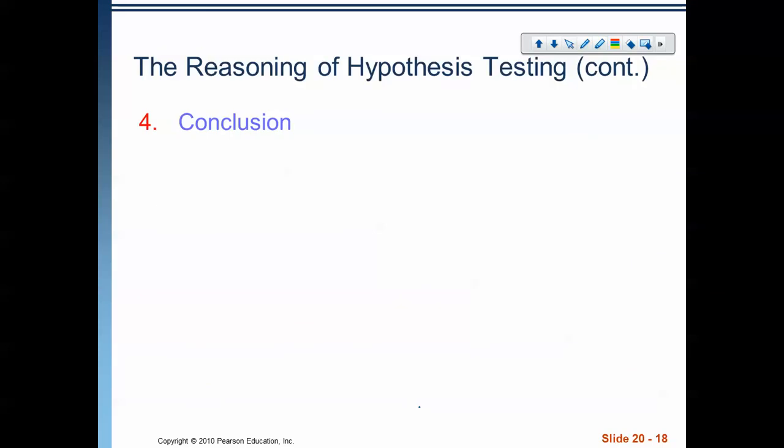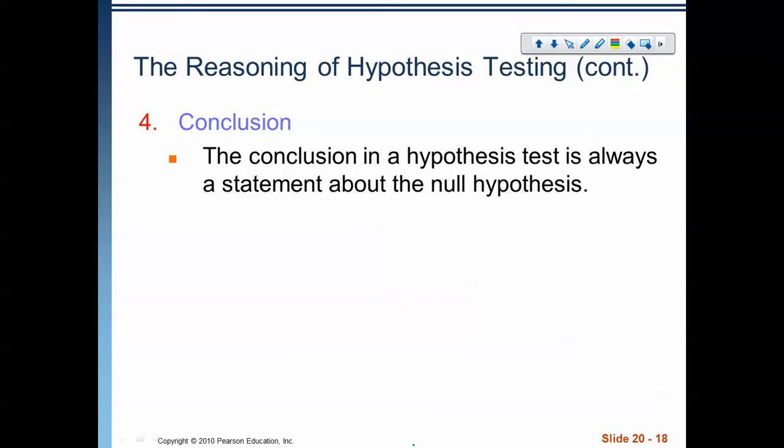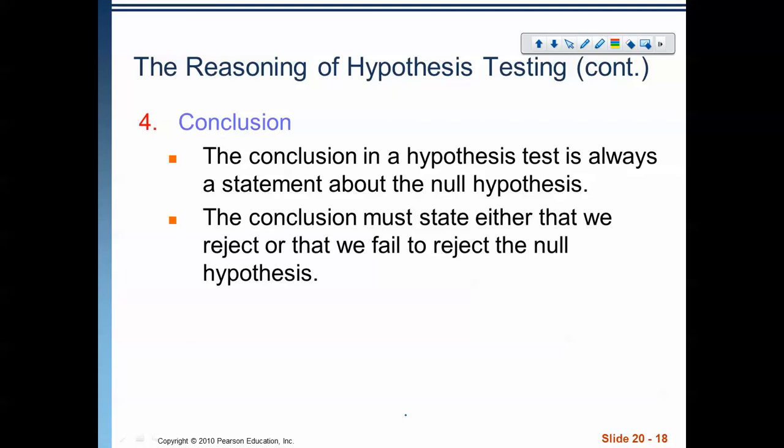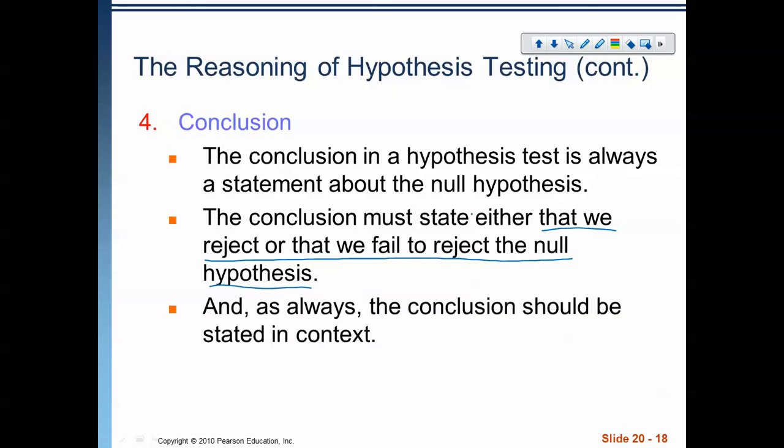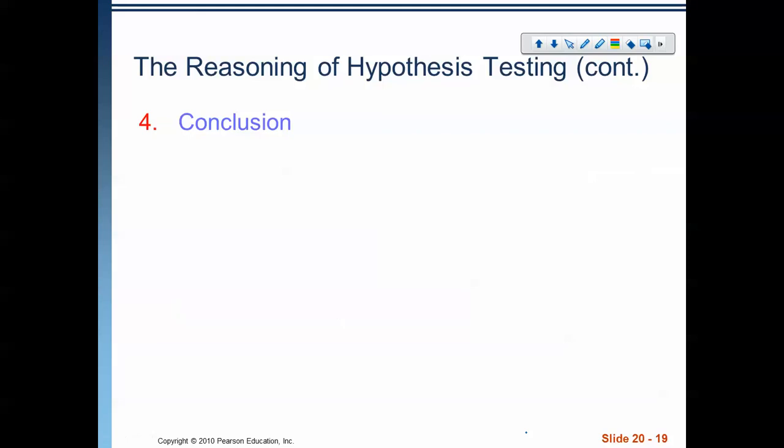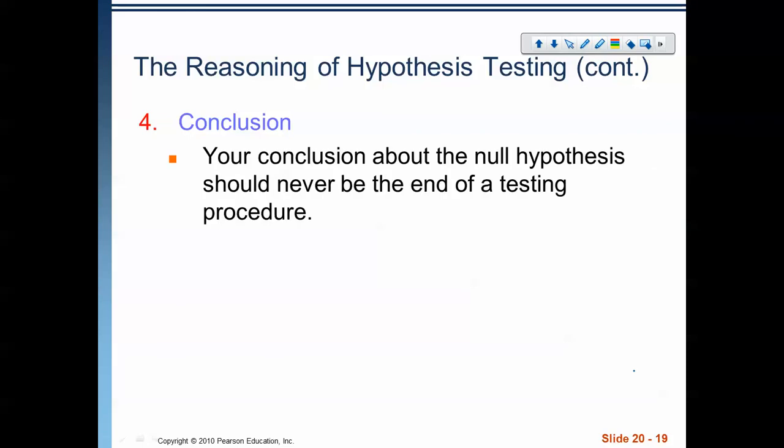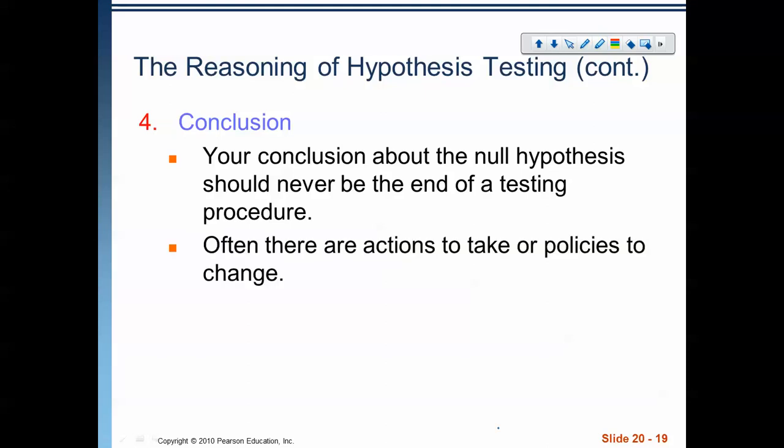For now, let's finish up the last step, and that's writing a conclusion. So the conclusion of a hypothesis test is always a statement about the null hypothesis. What have we shown about the null hypothesis? It must state either that we reject it or that we fail to reject it. And as always, we should make sure the conclusion is in context. In fact, it should never be the end, by the way. In terms of your research, it should never be the end of a testing procedure.